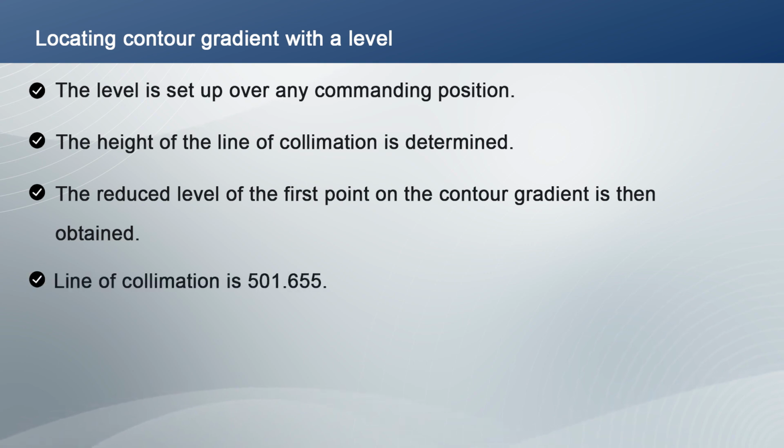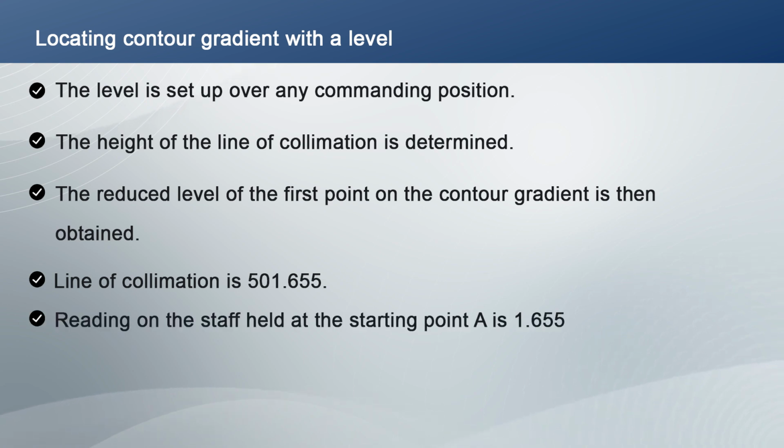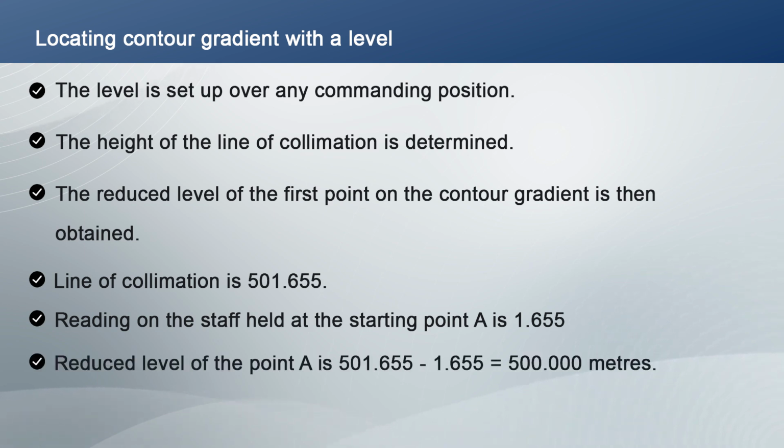If the reduced level of the line of collimation is 501.655 and the reading on the staff held at the starting point A is 1.655, then the reduced level of point A is 501.655 minus 1.655 equals 500 meters.